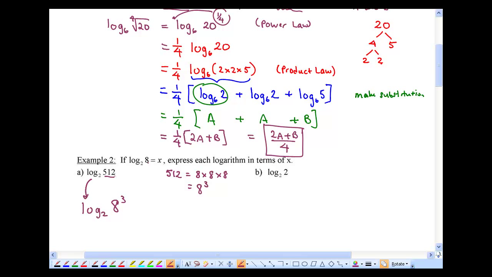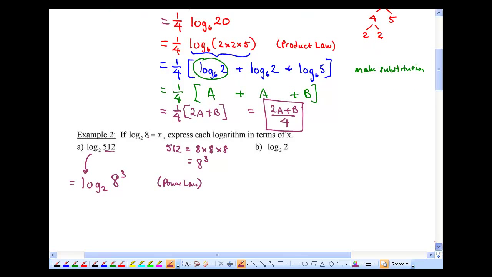And knowing that, now what laws can I use? Well, I can use the power law, and that allows me to bring the exponent down to the front. And then now I have 3 log base 2 of 8. Log base 2 of 8 is just x, so now I'll just substitute.